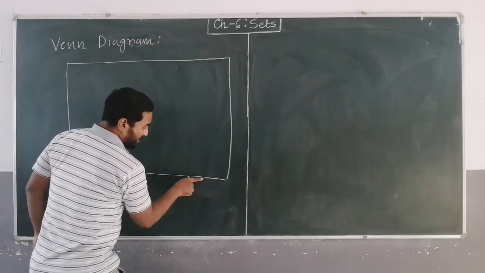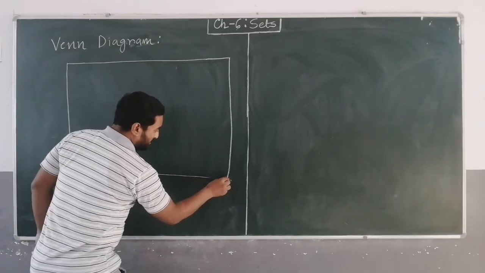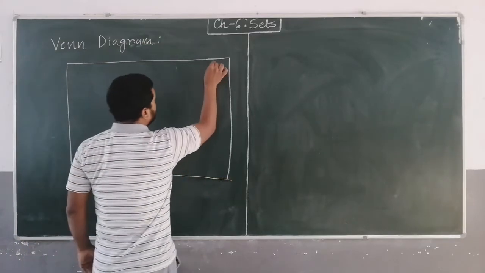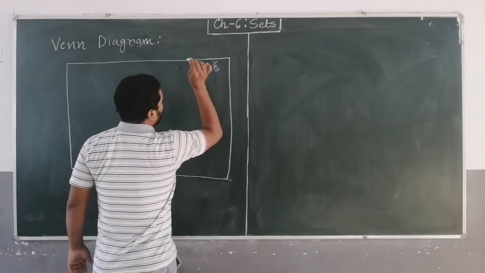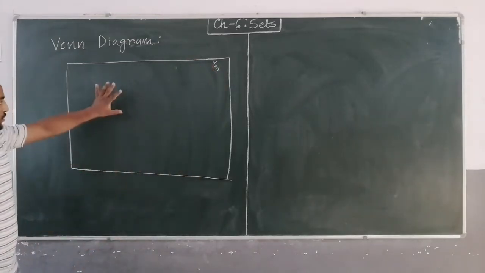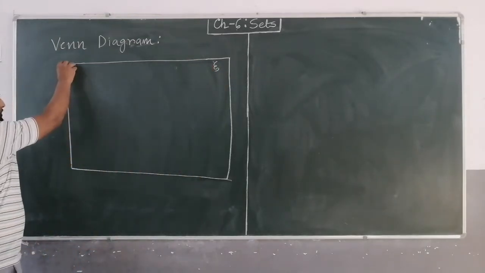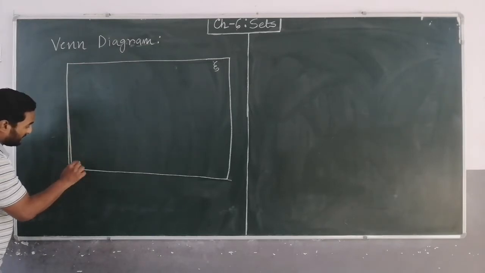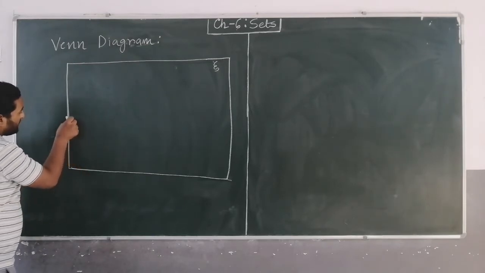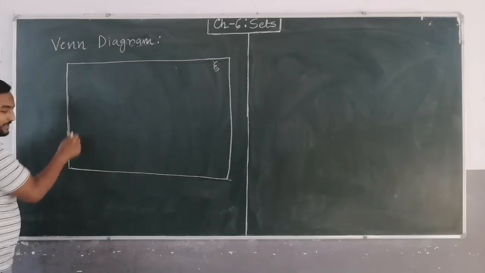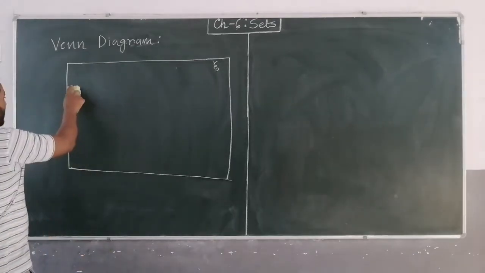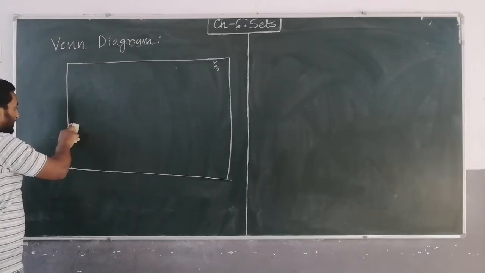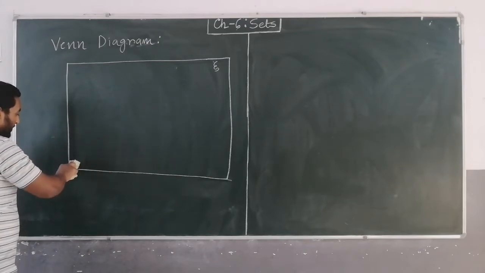We represent the universal set as xi. So the inside portion of this rectangle is known as the universal set. It means all the elements will be present here.